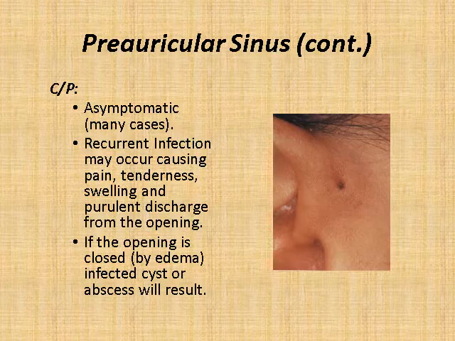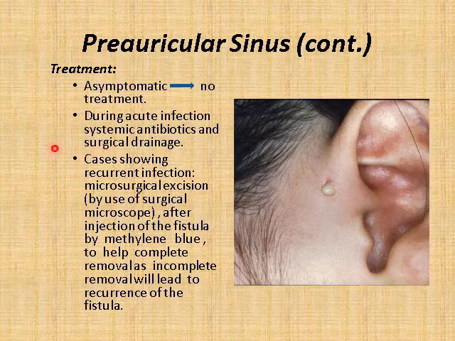In some cases recurrent infection occurs and this causes pain, tenderness, edema, and purulent discharge from the opening of the sinus. If the edema causes this opening to be closed, then the secretions or the discharge will be collected inside, causing an abscess.